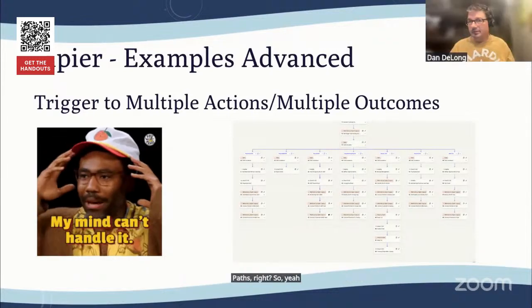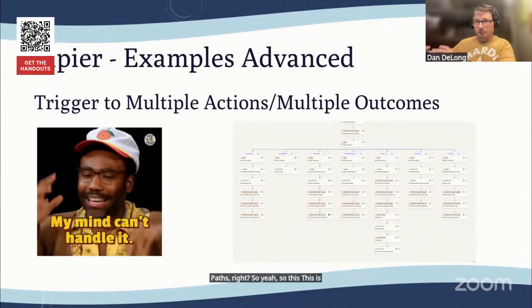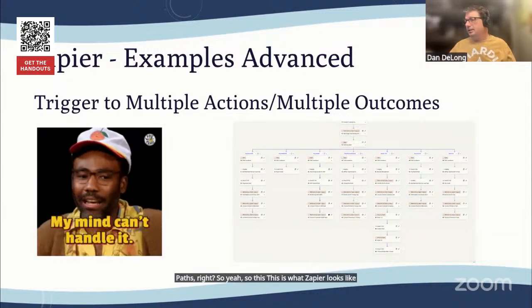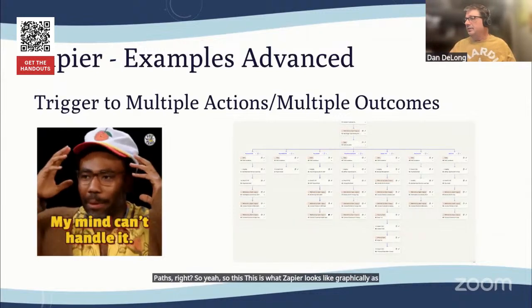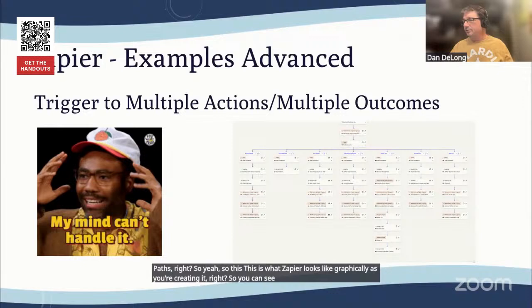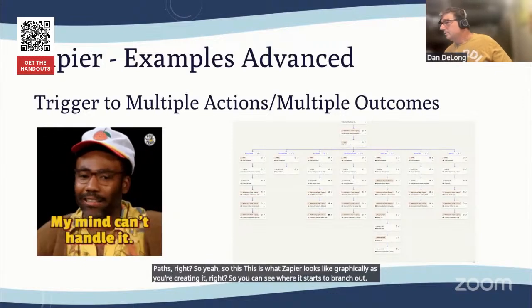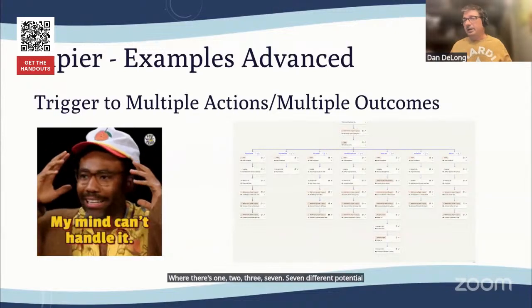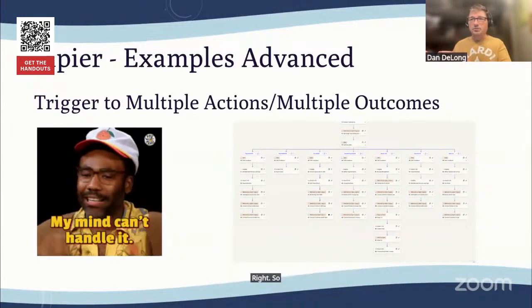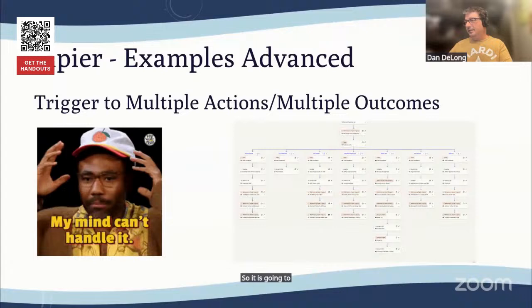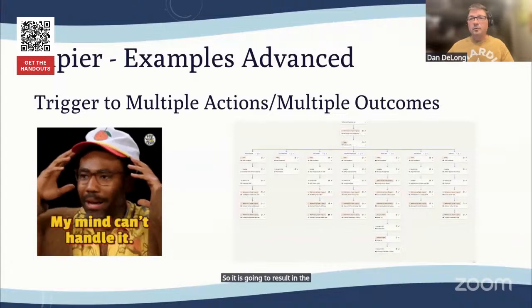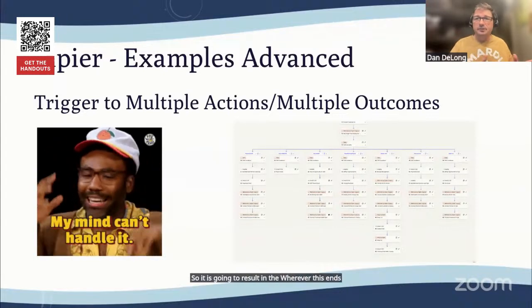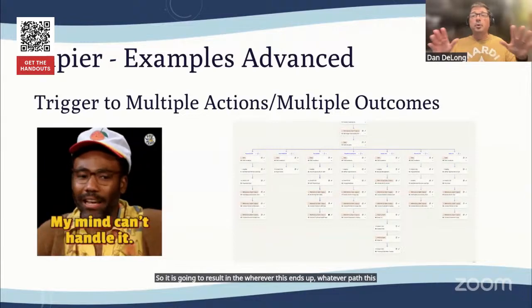So this is what Zapier looks like graphically as you're creating it. You can see where it starts to branch out, where there are seven different potential outcomes. Whatever path this chooses, it can't choose multiple paths.